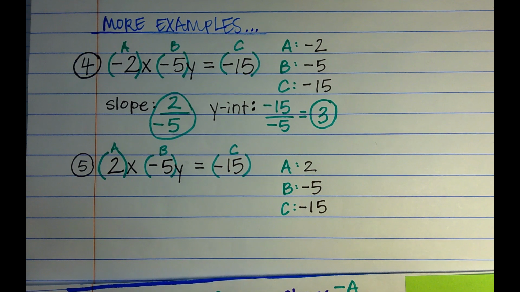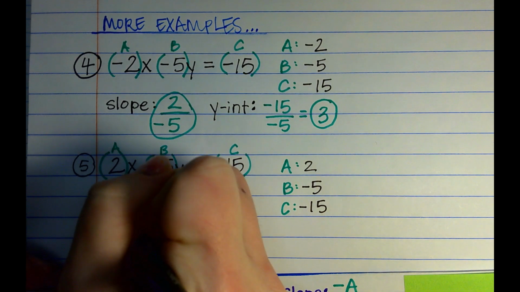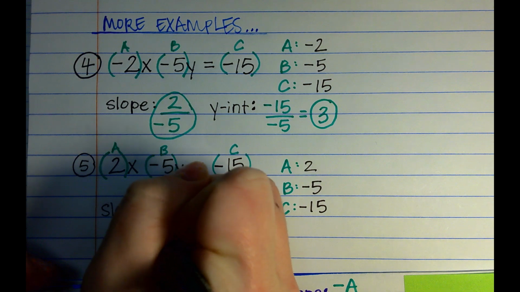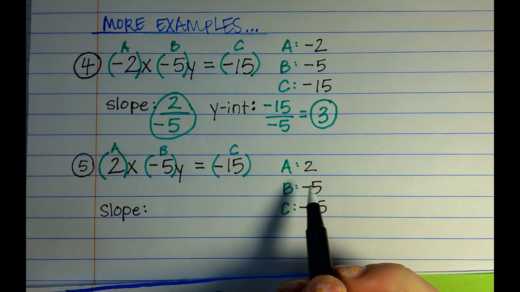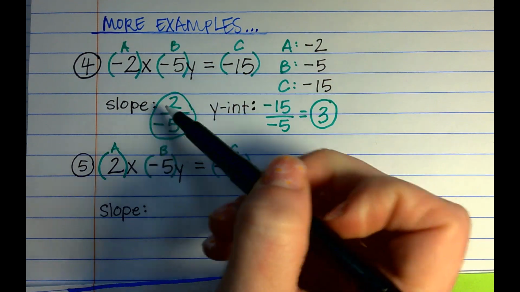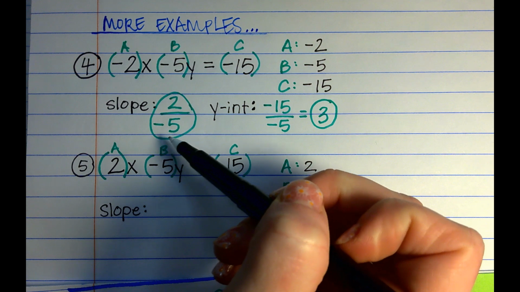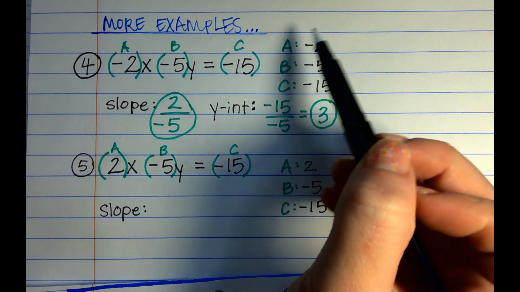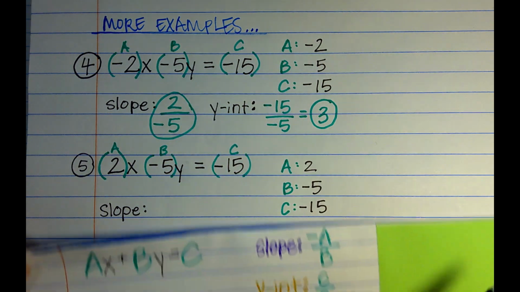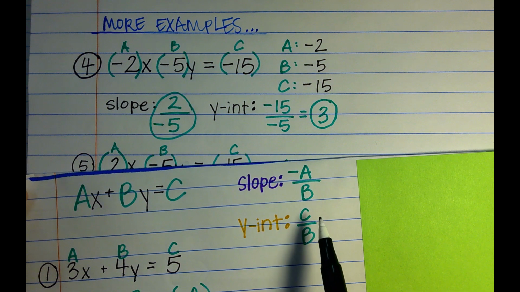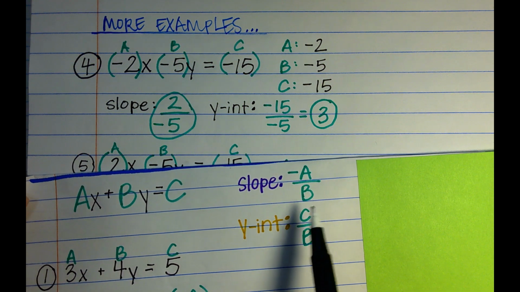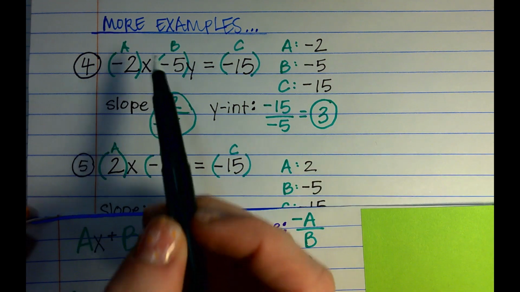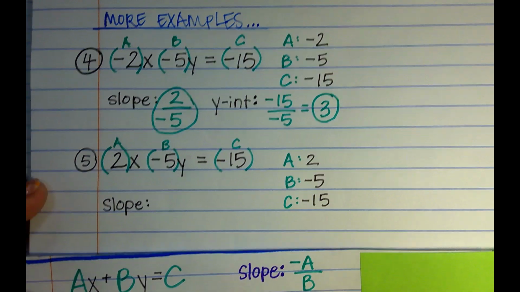Let's see. So our slope, negative 2 over negative 5. Ooh, yes, because remember, on the last example we did have positive 2 over negative 5 because we started with a negative 2. And remember, slope is negative A over B, so opposite A over whatever B is. That's how we got positive 2 over negative 5.